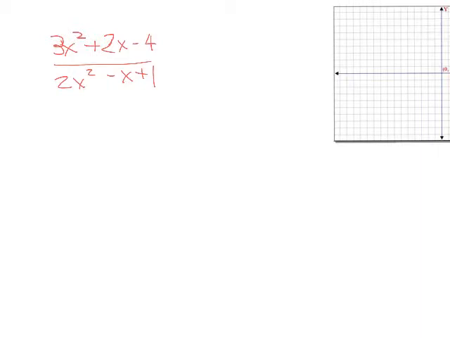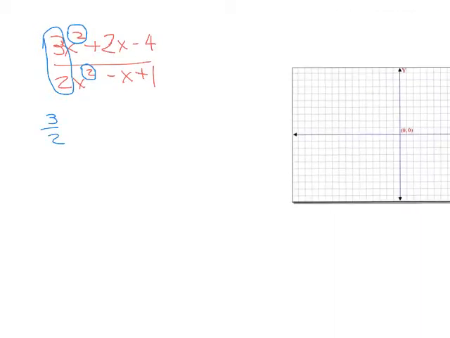Alright, so if I am interested in finding the horizontal asymptote, all I have to do, if, and here's the big if, the exponent on my lead term is the same, my horizontal asymptote is going to be that ratio, 3/2.